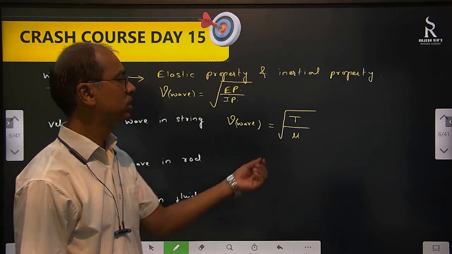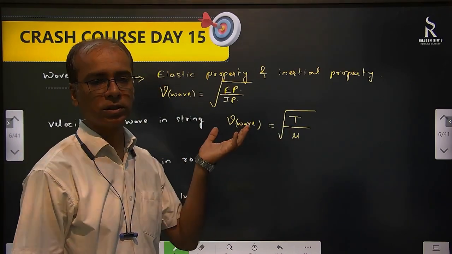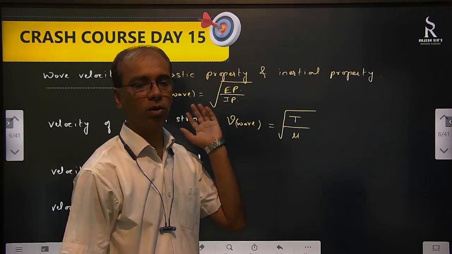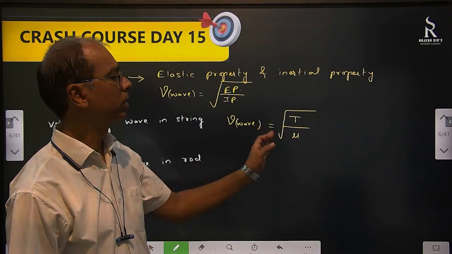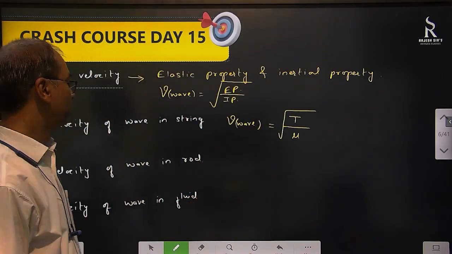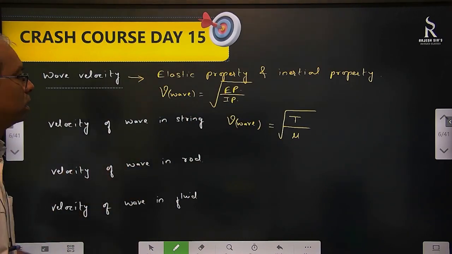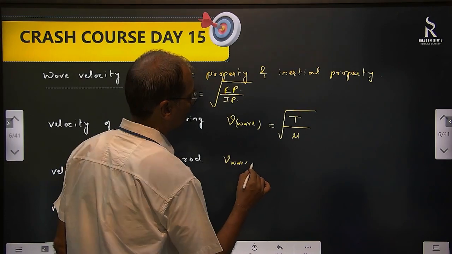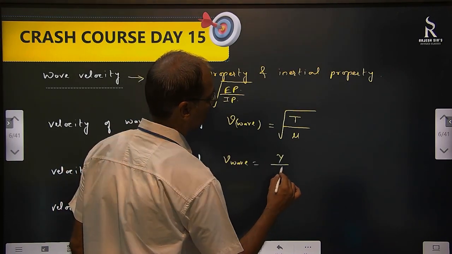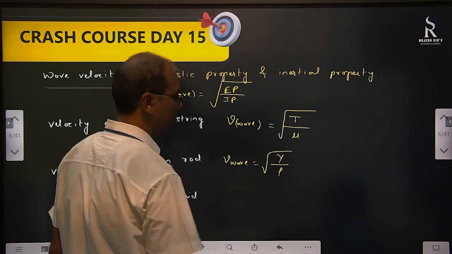So here is tension. Tension means you can say stress. Stress is given by tension only in the string. So when we talk about a string, it becomes root over T by mu. But in a rod, the same velocity of wave, we will be talking as Young's modulus of elasticity by density of the rod. What is Y?